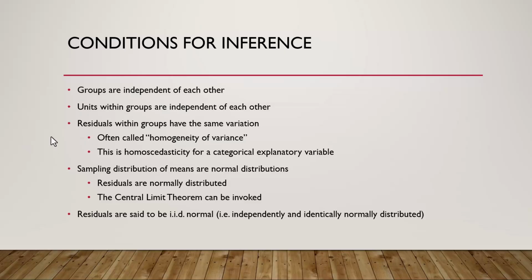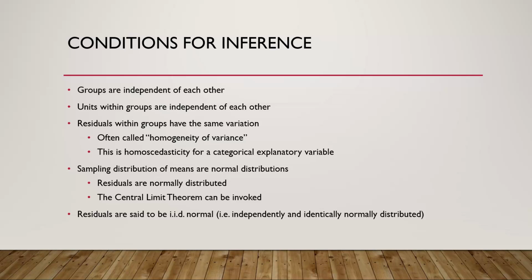So this condition, that the residuals within the groups have the same variation, is often called homogeneity of variance. Have you ever had to deal with that before? Well, if you've been with me and watching my videos, yes, you have, because when we talked about multiple linear regression, I brought up the condition of homoscedasticity.